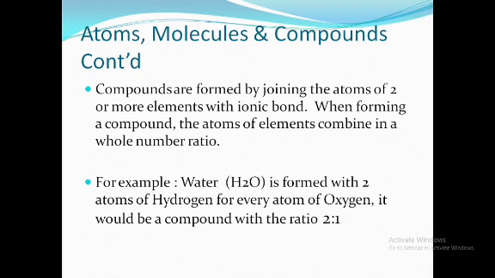For example, when we look at water, water has a chemical formula of H2O. That is two atoms of hydrogen combining with one atom of oxygen. So it's forming a ratio of 2:1.